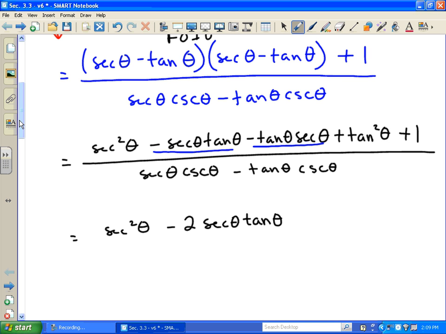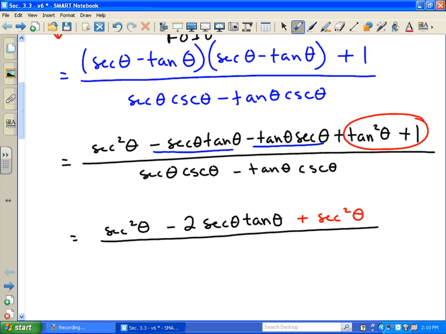Now, at the end here, notice I have a tangent squared plus 1. I have a Pythagorean identity for that. Tangent squared plus 1 is equal to secant squared. The denominator, once again, I'll leave that alone.